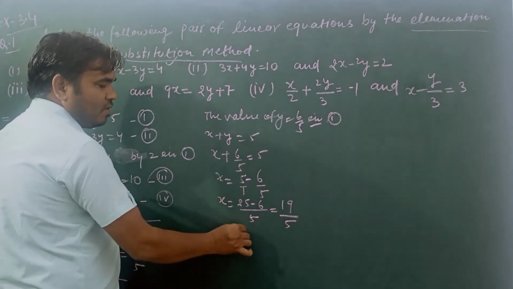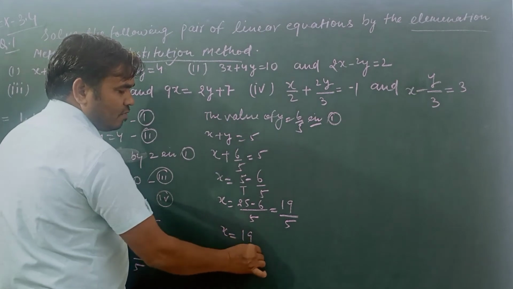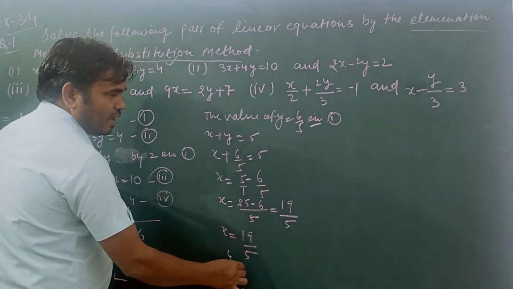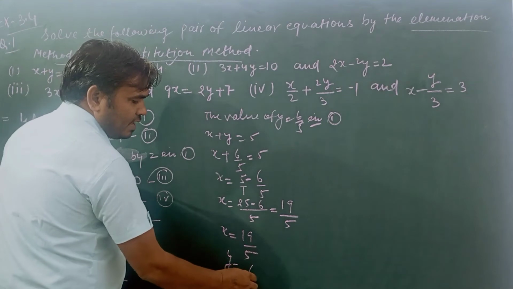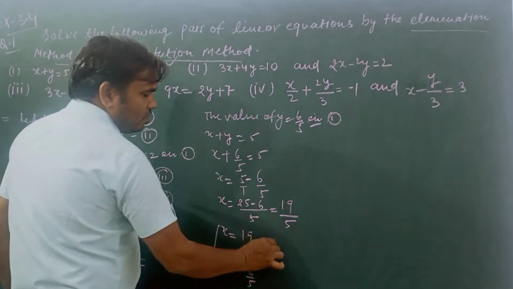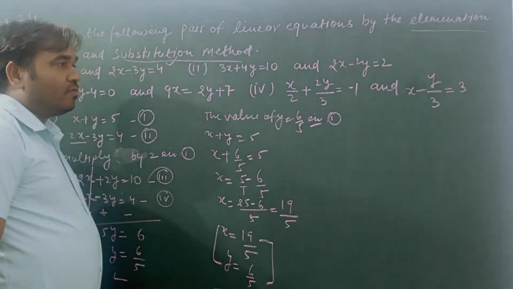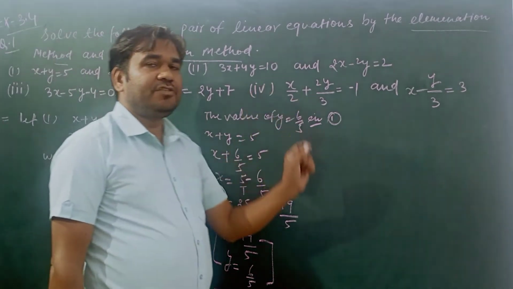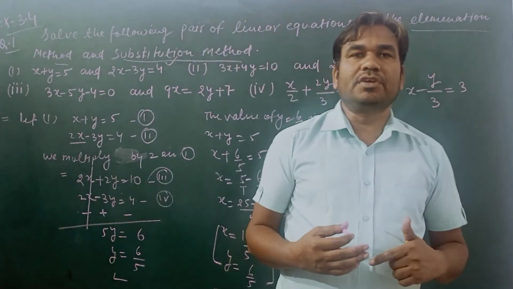So the value of x is 19 over 5 and the value of y is 6 over 5, using the elimination and substitution methods.